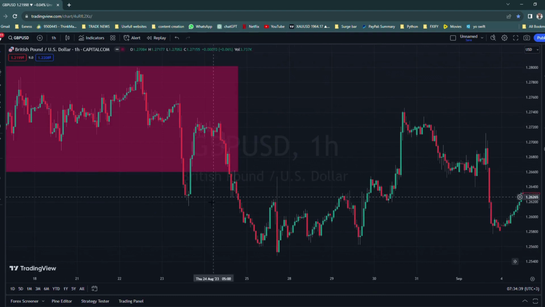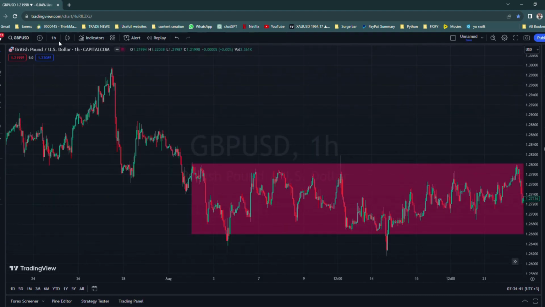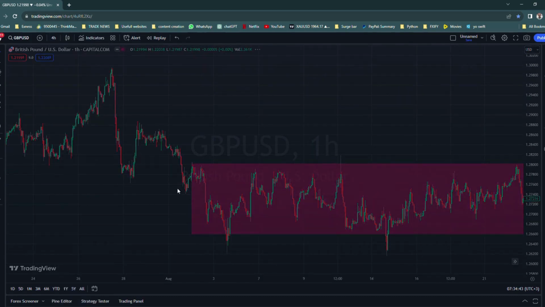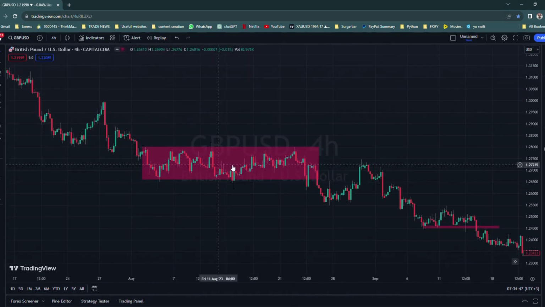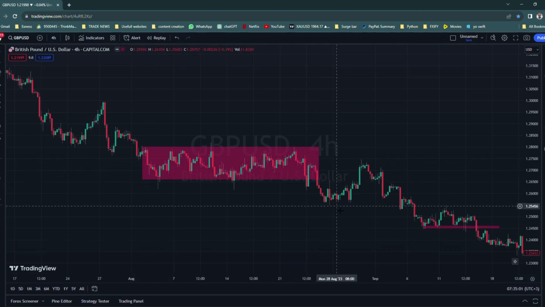Now let me put in the 4-hour chart to see it easily. Okay, now this is the range that is there in the market for almost 3 weeks, from the beginning of August to around the 23rd. So it's like 3 weeks of a ranging market and a break of all these zones.